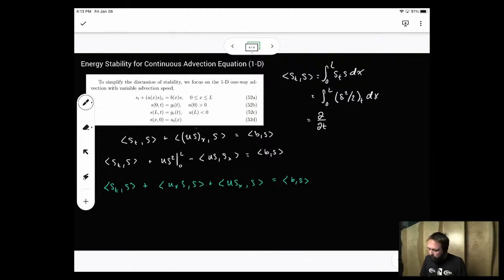Actually, it's going to be an absolute derivative because we've integrated out all the x components here. So it's d by dt of the integral from 0 to L of s squared on 2 dx. I'm going to pull that factor of a half out, so I get 1/2 d by dt magnitude of s squared. So now what I've got is an equation that can tell me how the energy of the solution evolves over time.